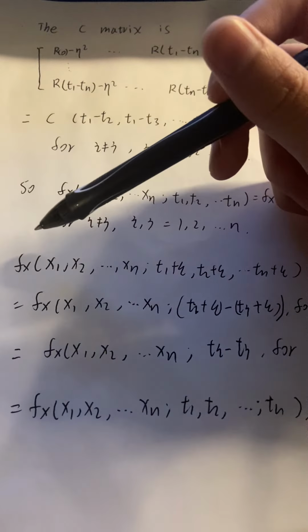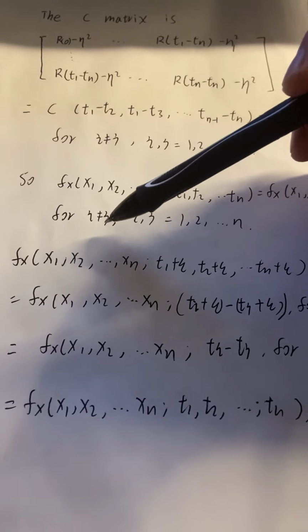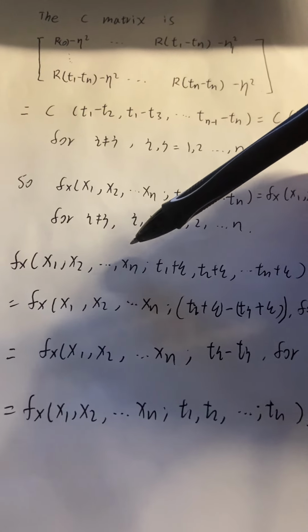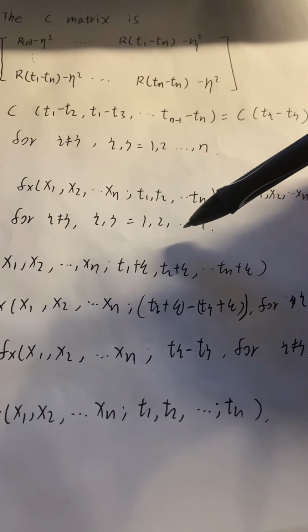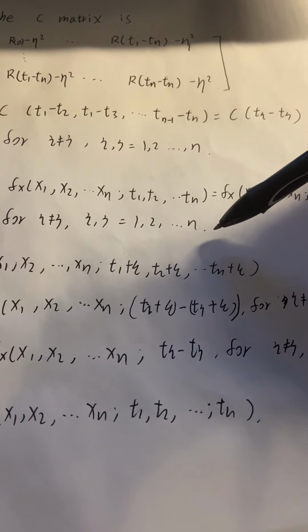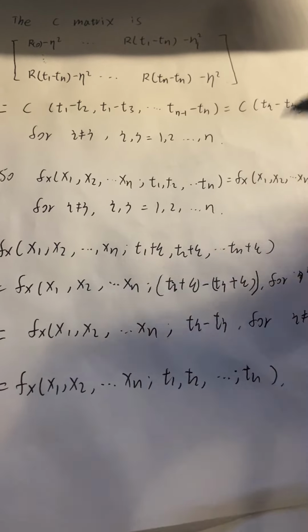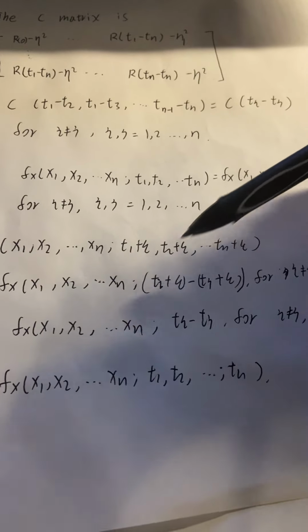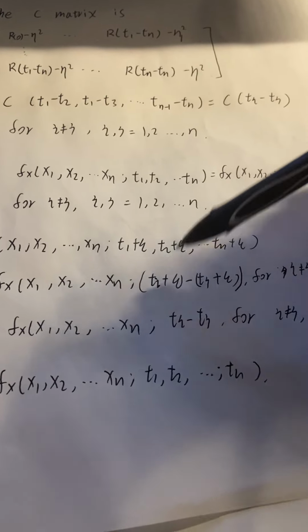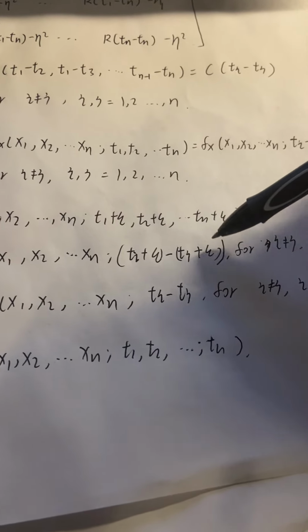So this density function f_X of x1, x2, and so on up to xn, t1 plus epsilon, t2 plus epsilon, and so on up to tn plus epsilon also depends on ti plus epsilon minus tj minus epsilon.